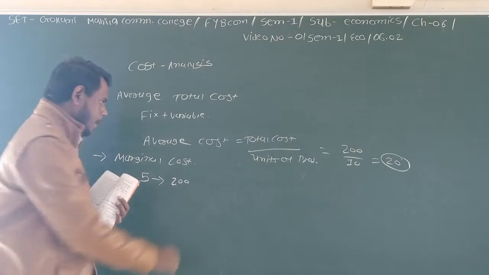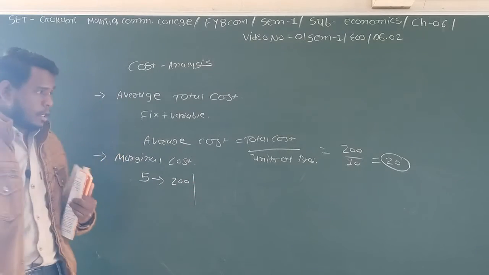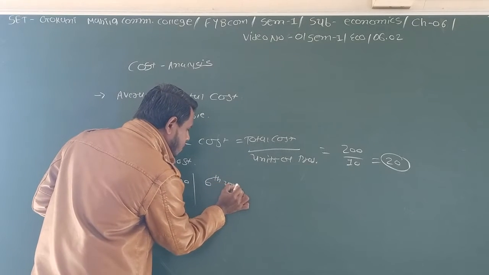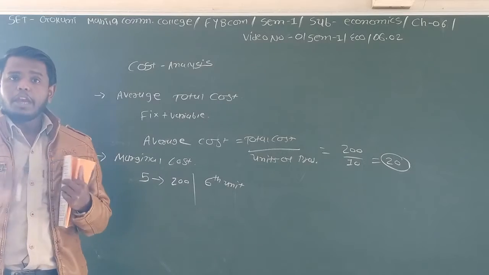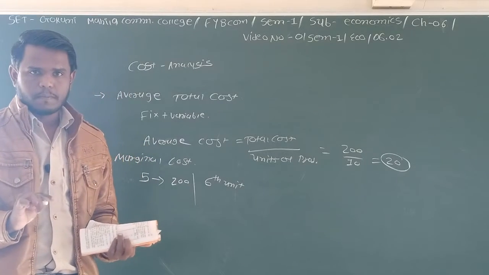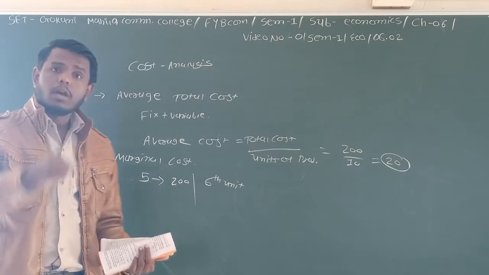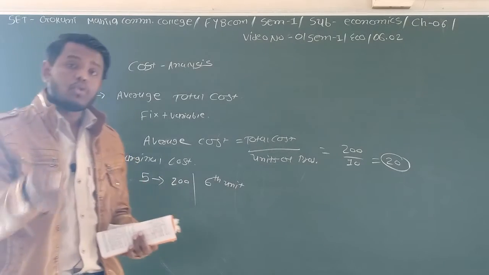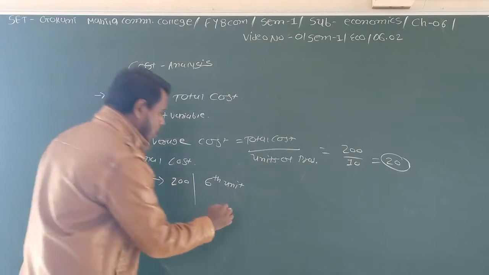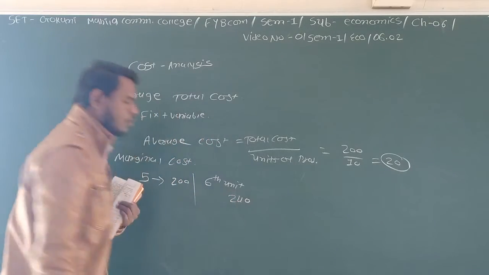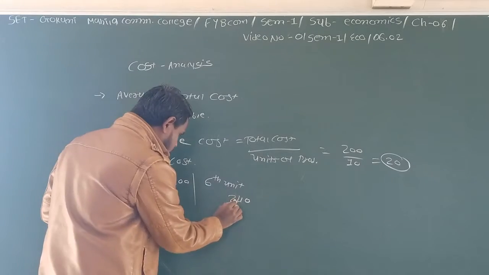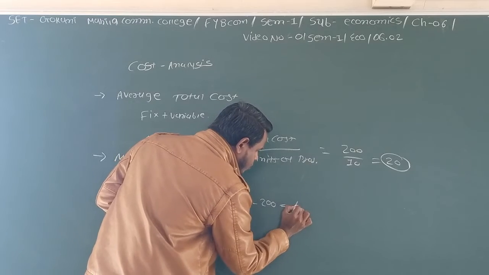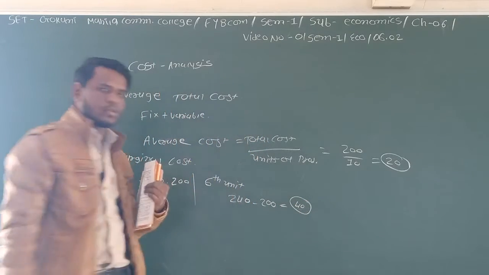Now if you produce 6 units in your business organization, say for example your total cost is 240. So 240 minus 200, here rupees 40 will be your marginal cost.